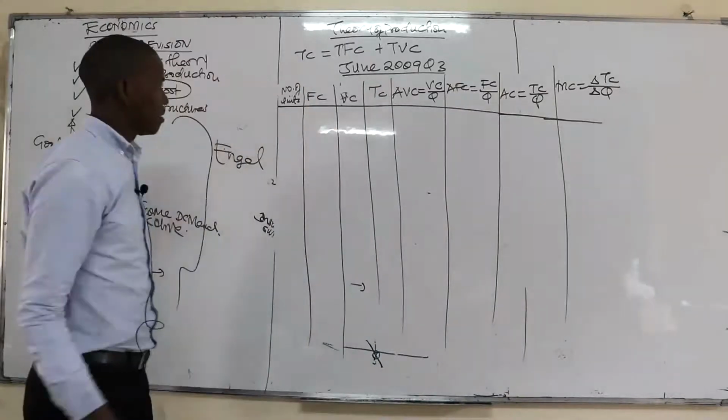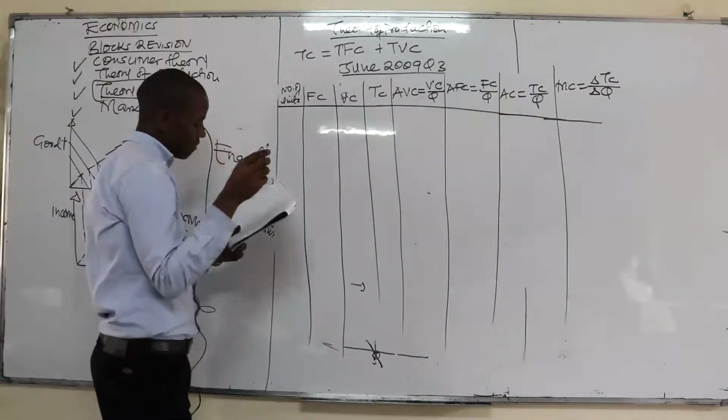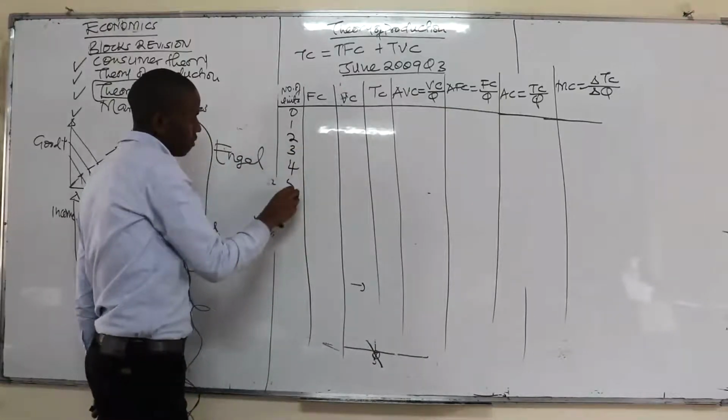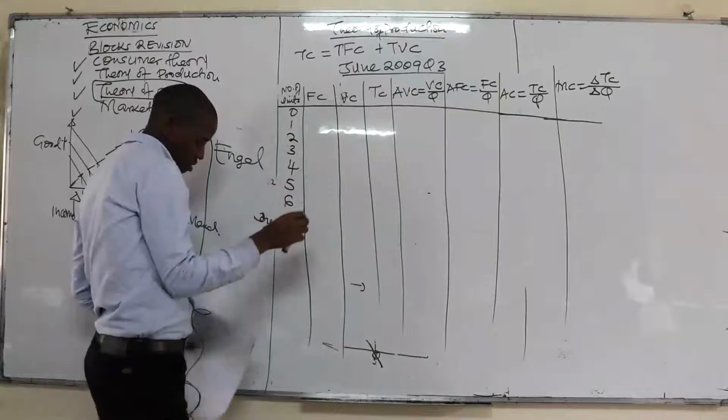So the units here we have been given as 0, 1, 2, 3, 4, 5, 6, 7.